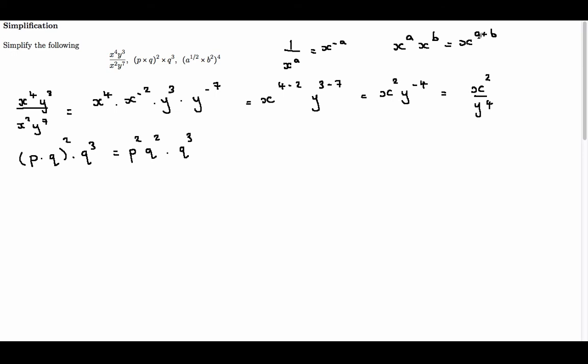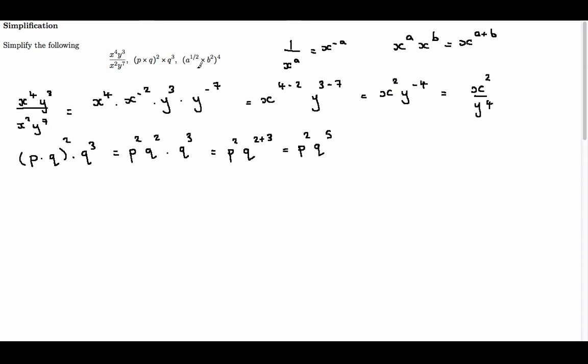Now using this previous result here, that x to the a times x to the b is x to the a plus b, we can combine these q's, so we get p squared times q to the 2 plus 3, which is p squared q to the 5. So we've now completely simplified p times q all squared times q cubed.